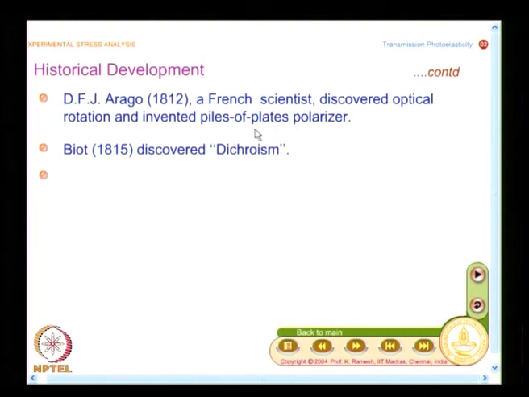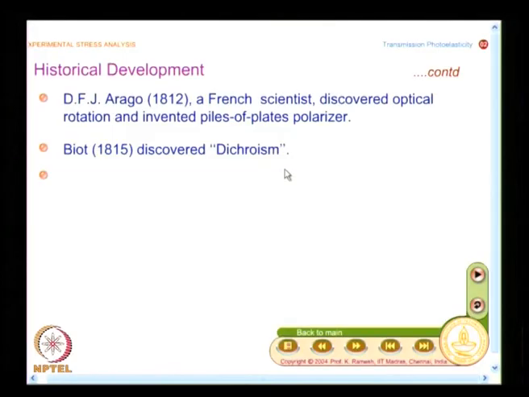He invented a new form of getting a polarized beam of light, and Biot in 1815 discovered dichroism. This is important from the point of view of the Polaroid sheet that we have. We have a Polaroid sheet, and I have simply said that if you put a Polaroid sheet, the natural light becomes polarized. How it functions as a polarizer, we have to understand.